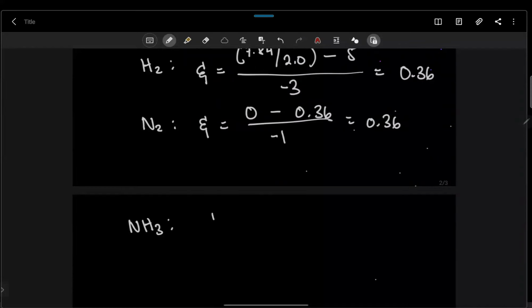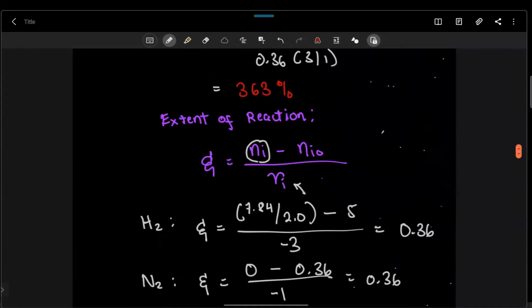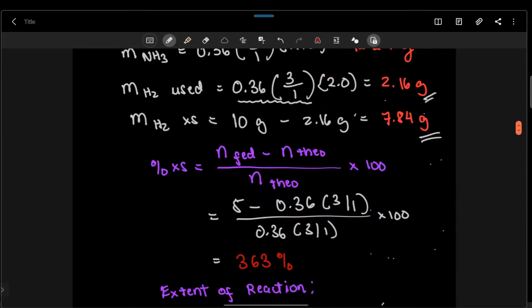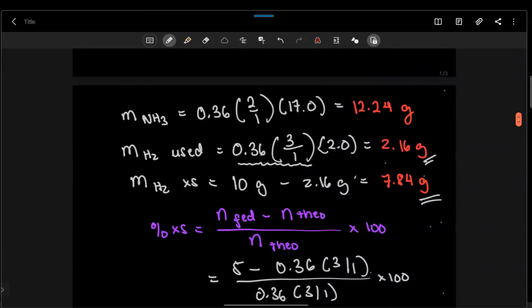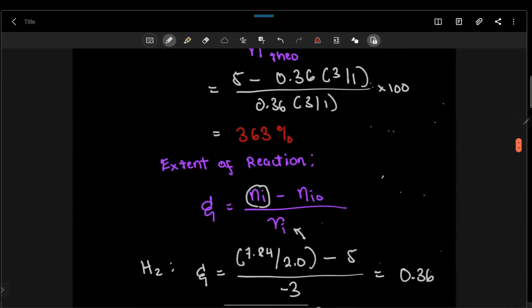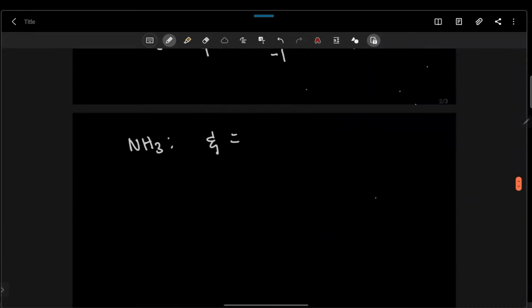So if we are going to make the product, ammonia, as our basis, ang extent of reaction niya, tingnan natin kung ganoon din. Pinasok na, or after the reaction, ilan yung ammonia na produce natin? Moles of ammonia after the reaction. So saan nga ba yun? Hanapin natin. 12.24 grams, pero moles ang kailangan. So let's take this one. 0.36 times 2, para makuha natin yung moles.